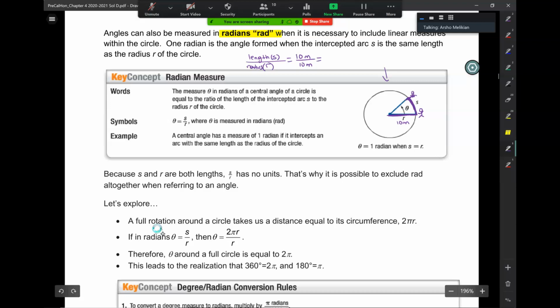What does that give you? What's that ratio? 1. What does that mean? That means that this angle that you've created has a measure of 1 radian. All right? So now, let's take this a little bit further. Now suppose he says, okay, keep walking. So he makes you walk a little bit more until you walk 20 meters.